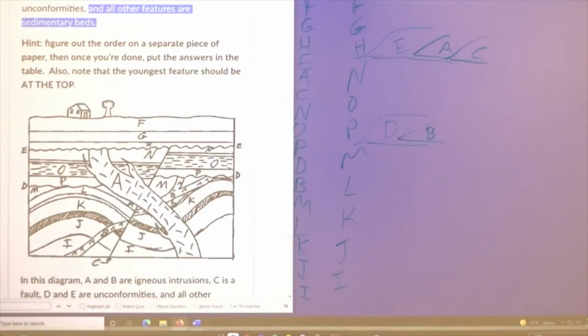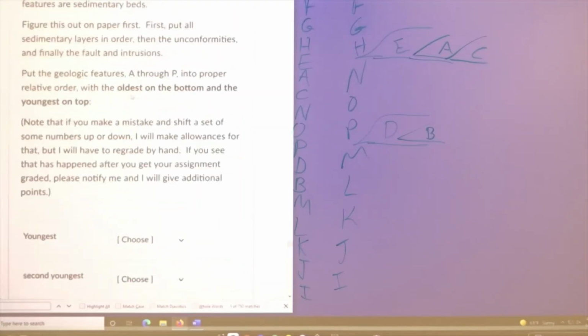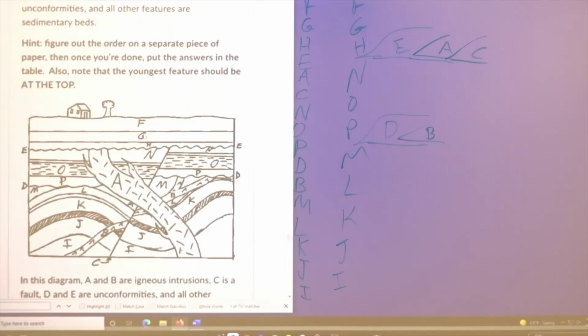And then the last few questions ask you about the principles of relative dating. So what principle of relative dating tells you the relative age of G and H? G is here, H is here.